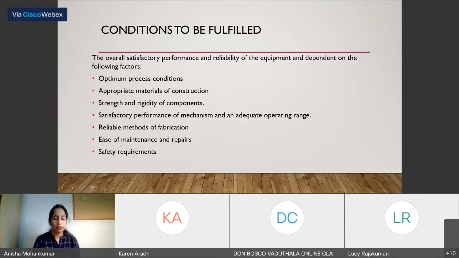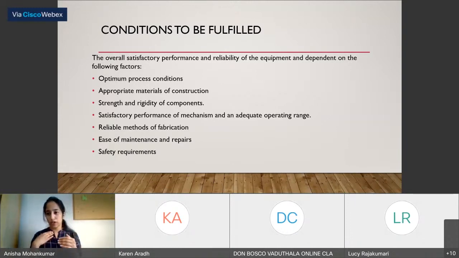You should have reliable methods of fabrication, and there shouldn't be much maintenance work incurred in future. You should make sure that everything you install at first is the best. Of course, there will be maintenance and repairs in future, but you shouldn't need them in the immediate next year after installation.